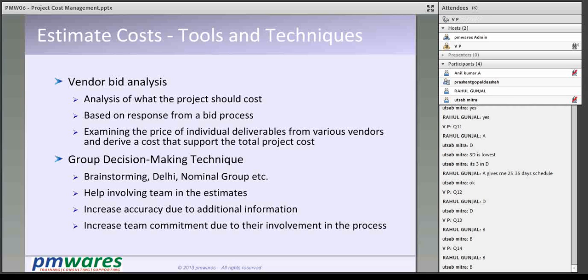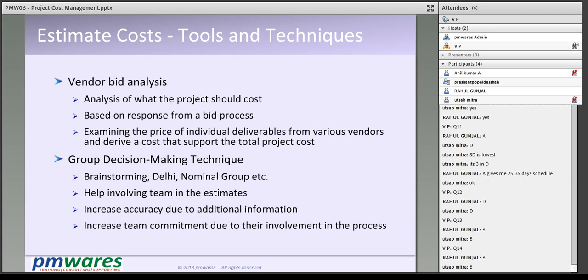So we'll look into this. Another thing is vendor bid analysis. Now, in many cases, the sponsoring organization or the customer organization executing the projects has no idea how the project will be done. What are all the actions to be done? What is all the work involved in the project?